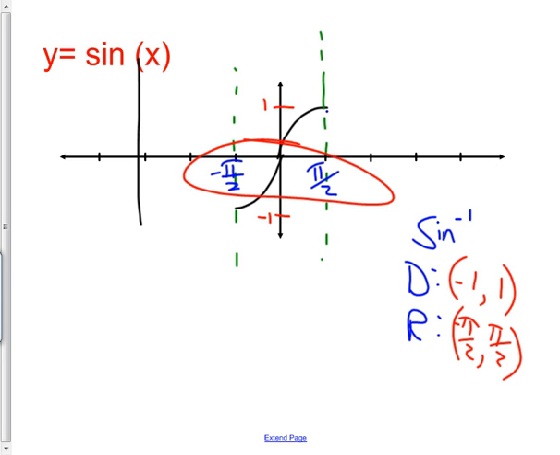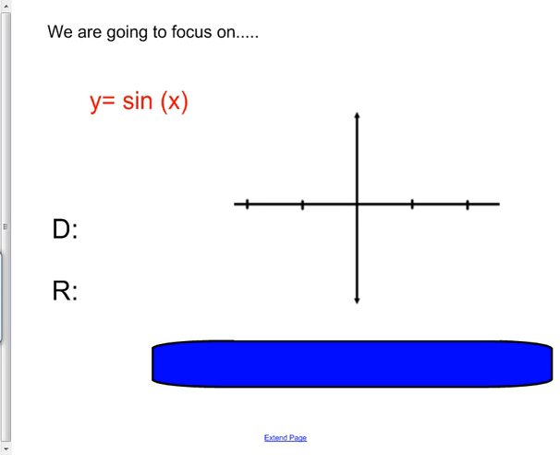Okay. So if I took sine, remember, it goes like this in the little zone that I'm looking at. That's what sine does. Do you get that if I flip this thing and make it an inverse, that now instead of the domain and range being where they were, now it goes from negative 1 to 1 and pi over 2 to negative pi over 2.